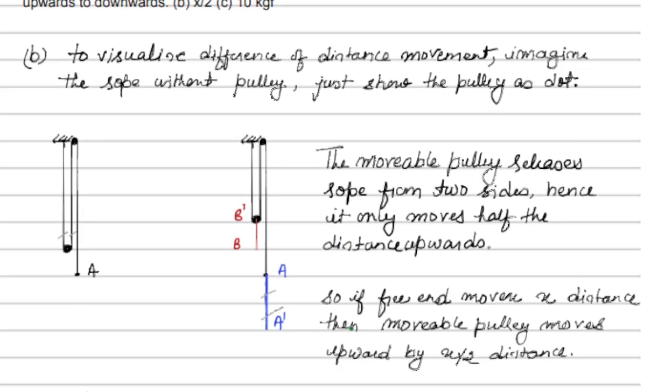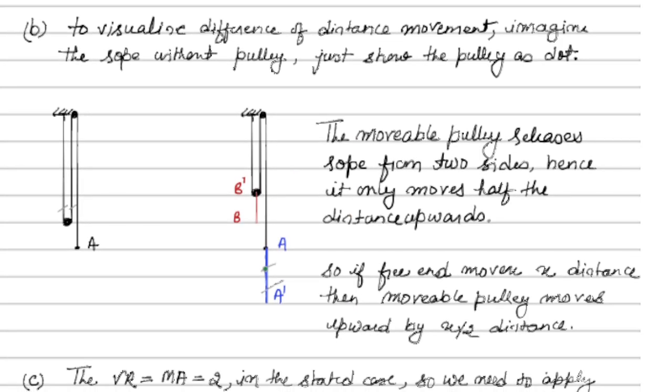Also, here is a way to visualize the difference between the distances. Here I have made a point like this. This is where we are putting effort, and here is a pulley. I've just made this size smaller, and you can use this horizontal line for reference. So if we are putting this point, let's say here, this will become like this. So this is the distance we have moved, which I've shown in blue. So how much will this go up? This will only move up half of this distance. Why is it moving so?